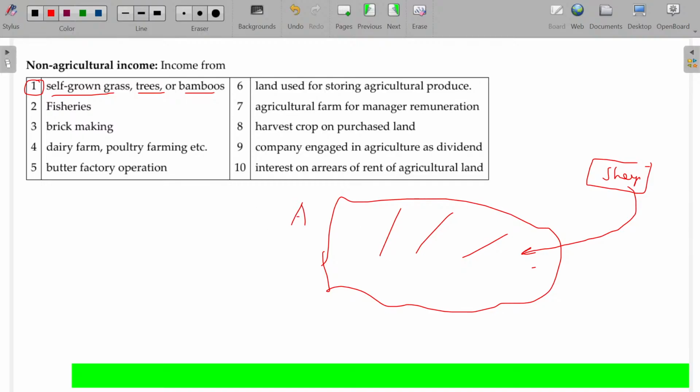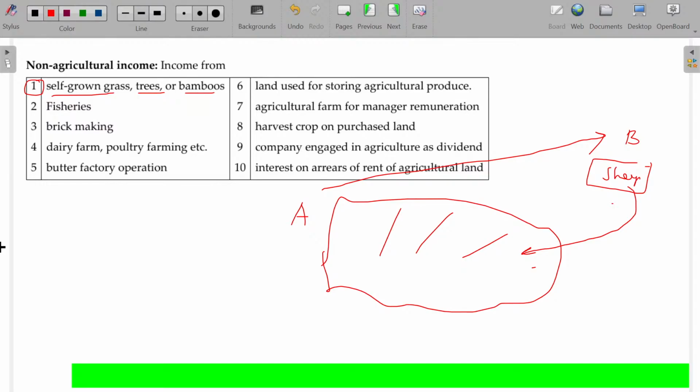This is A's land, this is B's sheep. Now the sheep comes into the land and grazes the grass. Who has to pay? Of course A has to pay consideration to B, because allowing the sheep to graze in your land is indirectly fertilizing your land. The excreta are very costly, 4,000, 5,000 rupees.